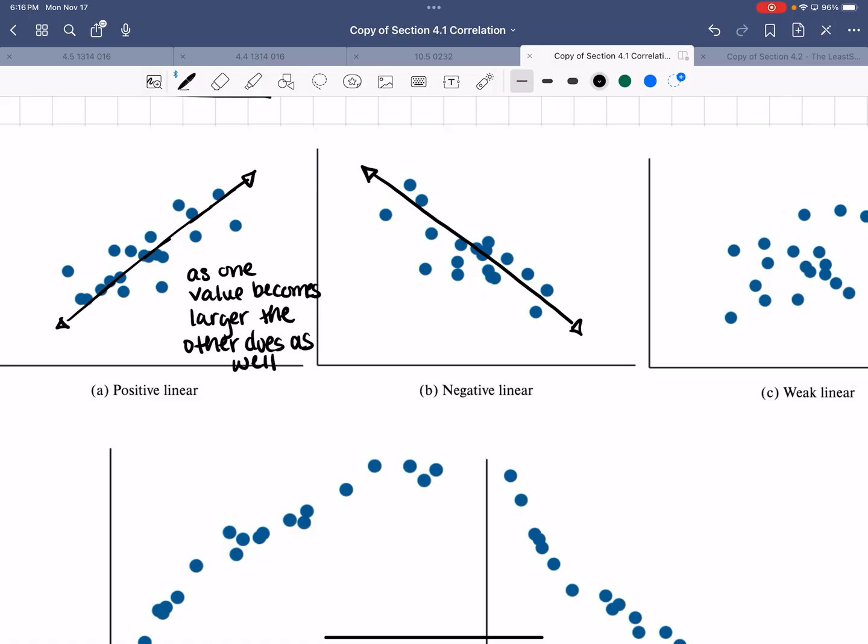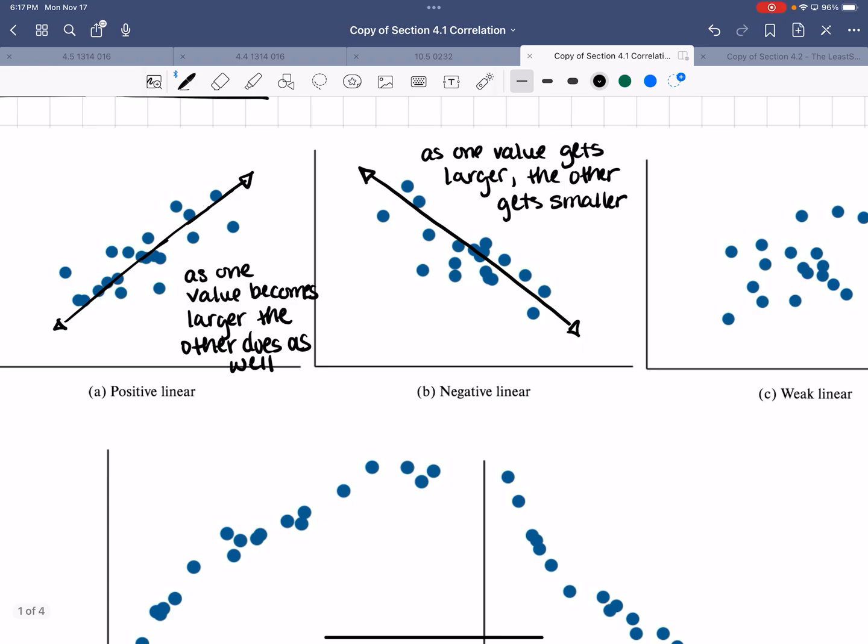As one value gets larger, the other gets smaller. What's happening on that x-axis, and remember the x-axis is the horizontal axis, so this is my x, this is my y. As my x increases, those y values are decreasing. So it causes that data to fall, so it is a negative correlation.